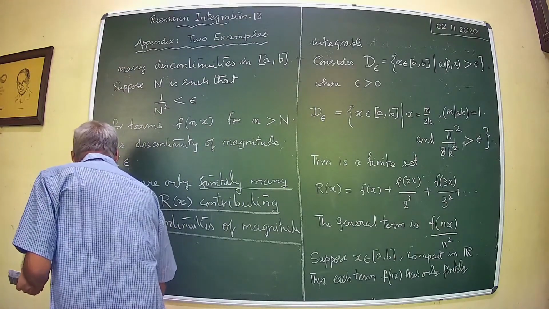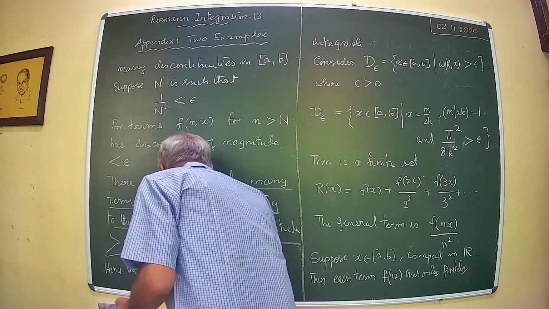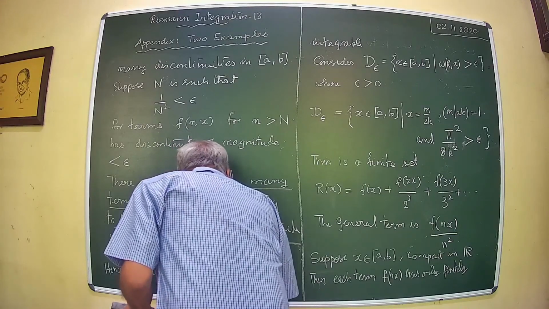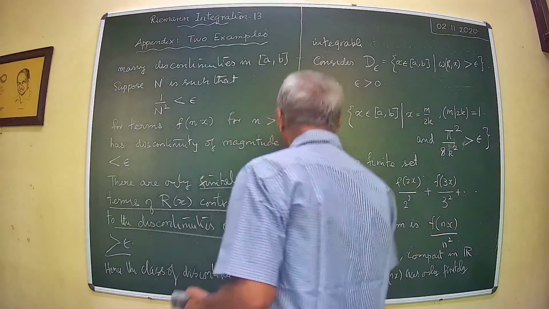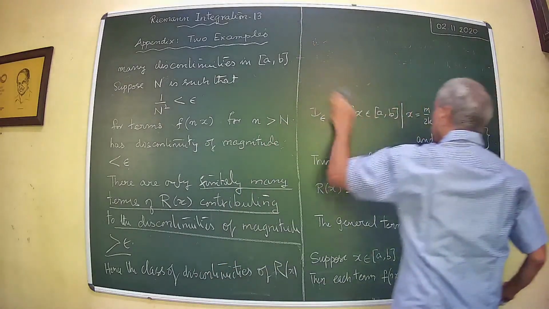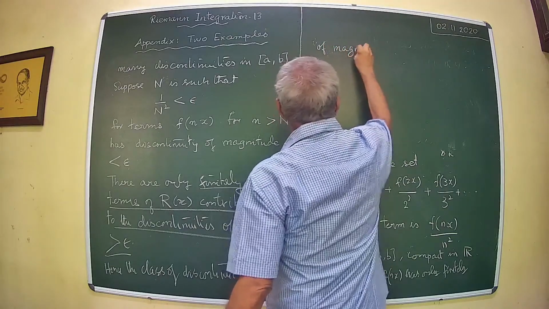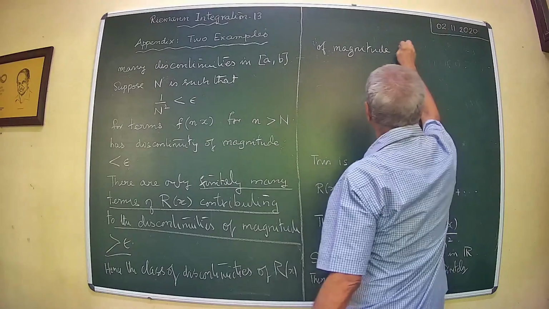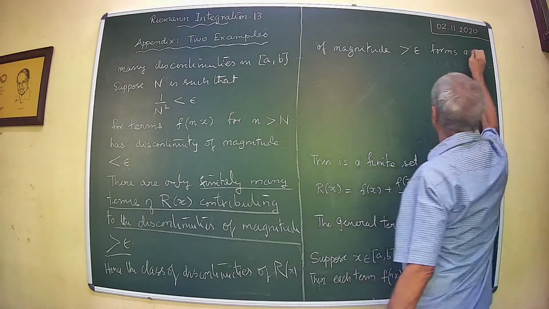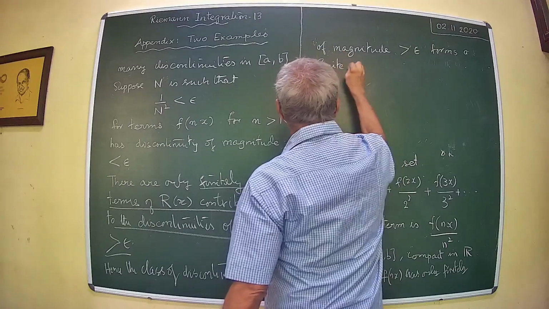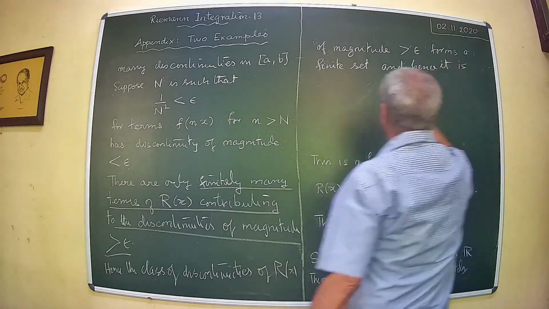Hence the class of discontinuities of R of magnitude greater than epsilon is a finite set, and hence it is a null set.